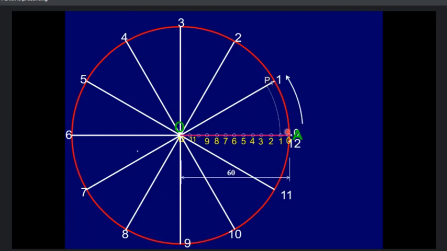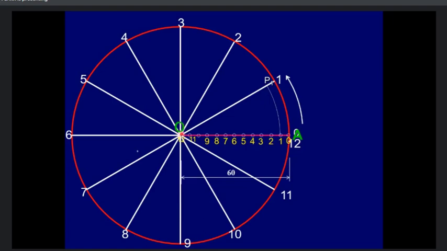Now what is P1? Initial point P was here. As this OA is shifted to O1, the position of point A is nothing but now P1. As OA is shifted to O2, the position of point P will be P2. So how to get that position?